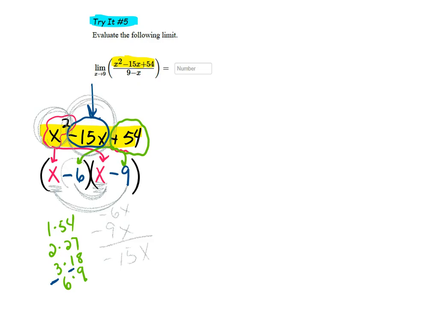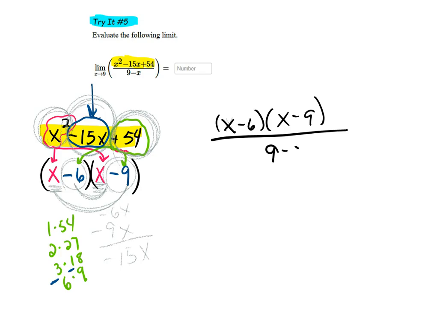And then, of course, last times last, negative 6 times negative 9 gives you that positive 54. So my numerator is actually an x minus 6 times an x minus 9 all over a 9 minus x. Okay, now here's the kicker.